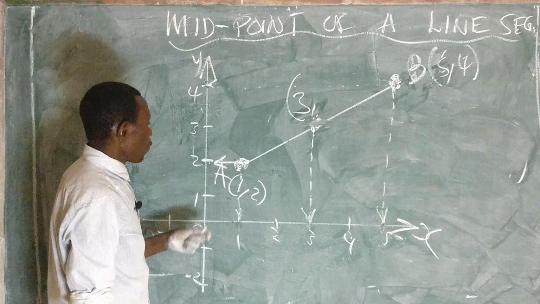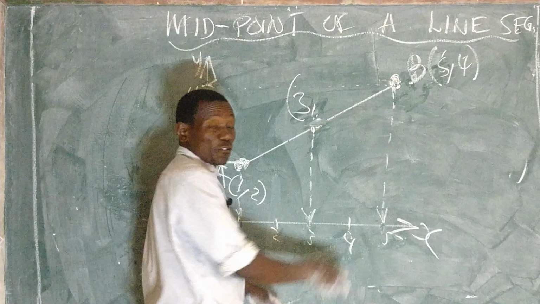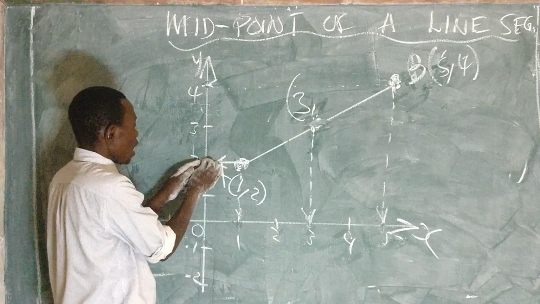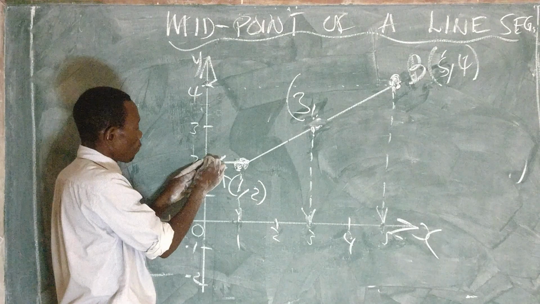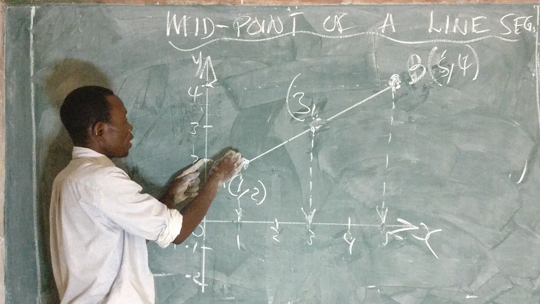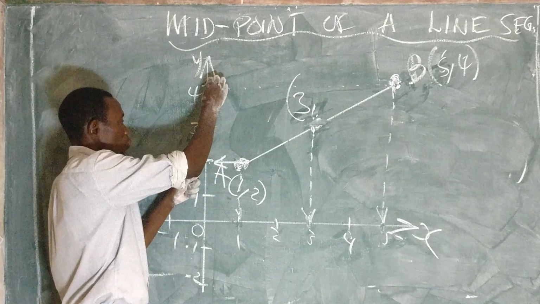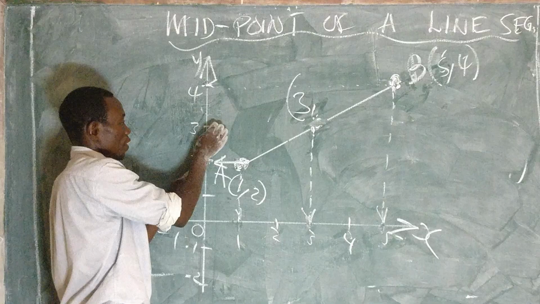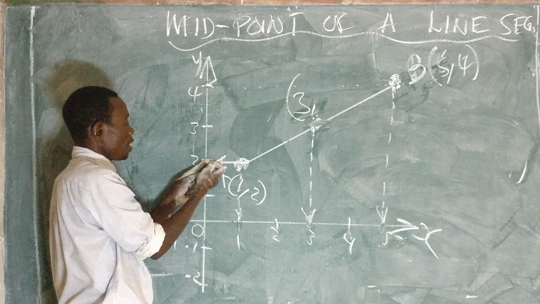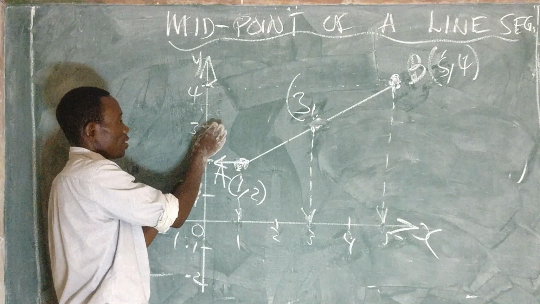So if I'm to find out how long it is from A to B along the y-axis, it's from 2 up to 4. If I count how many units there are from here up to that, it'll be 1, then 2. So the middle part of 1, 2 is a 3 here. This is the middle part. You can see here 1, 2 units, so the middle part is there.